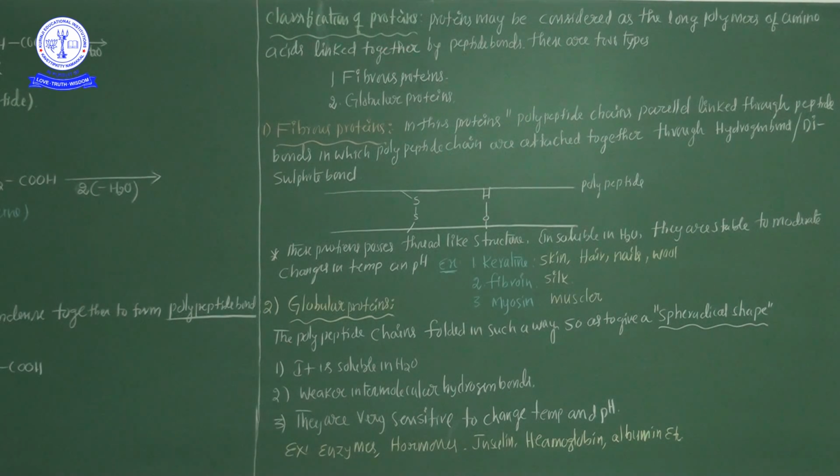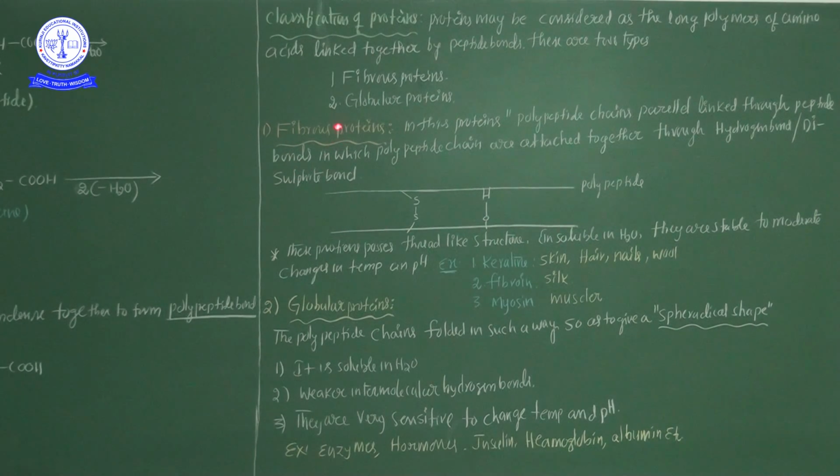So now see here, classification of the protein. Proteins may be considered as long polymers of amino acids linked together by peptide bonds. That's why proteins are polypeptides. Based on this information, proteins are two types, fibrous proteins and globular proteins.